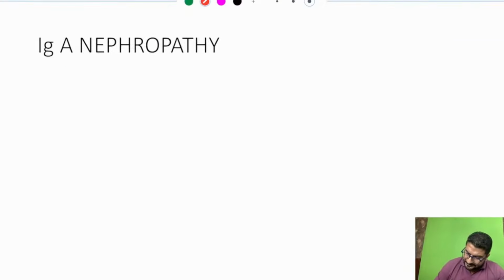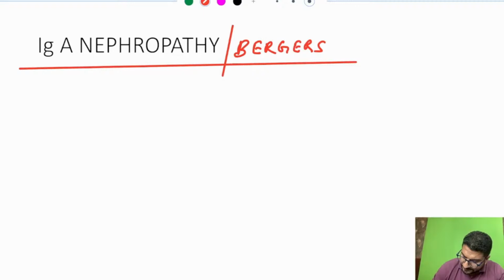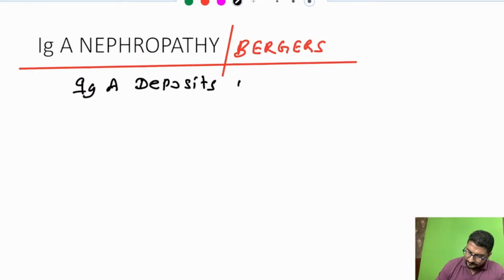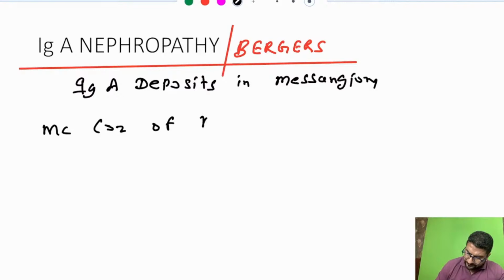Moving to IgA nephropathy. We also call this Berger disease. In IgA nephropathy you will find IgA deposits. This IgA will be depositing in the mesangium, and this is, I can say, the most common cause of nephritic syndrome.